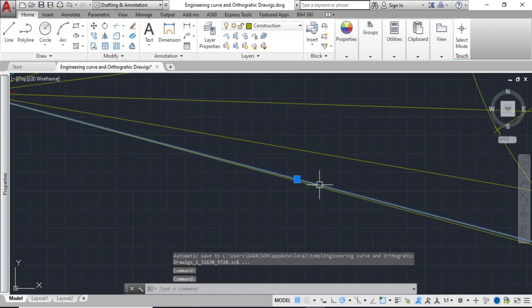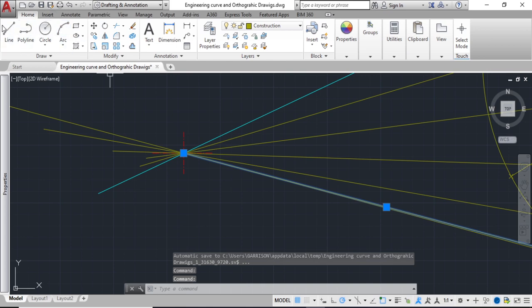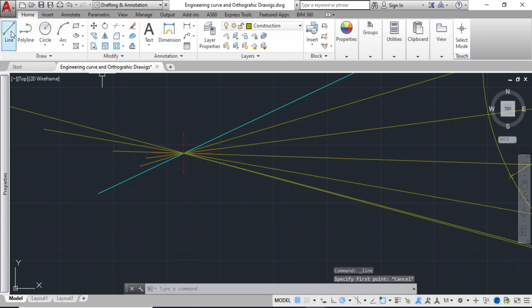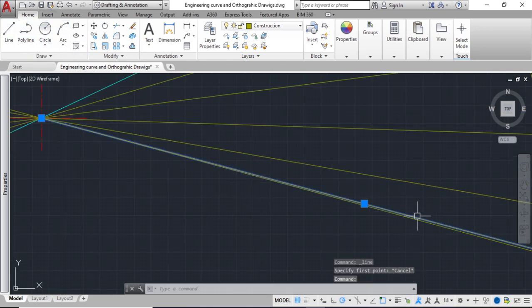So let's see if I can get this done by extending like this.